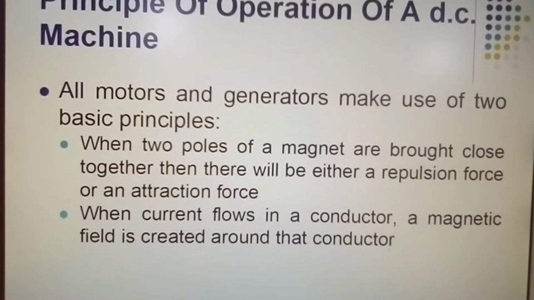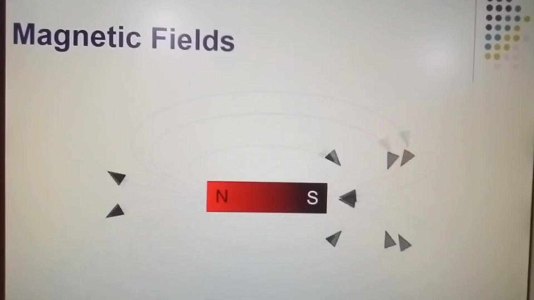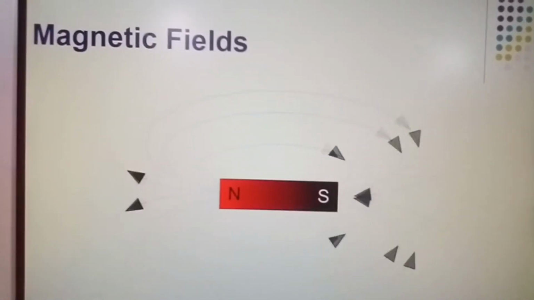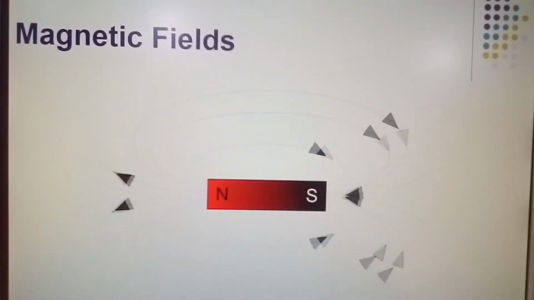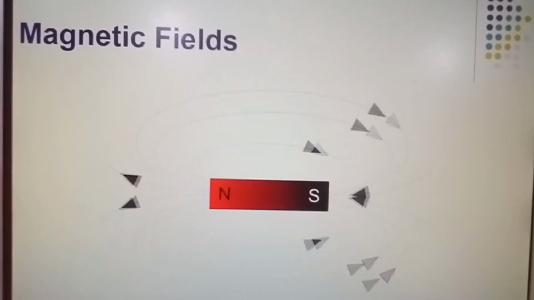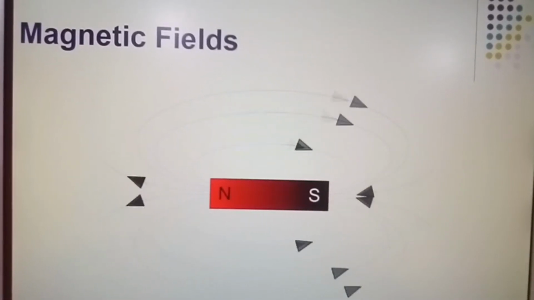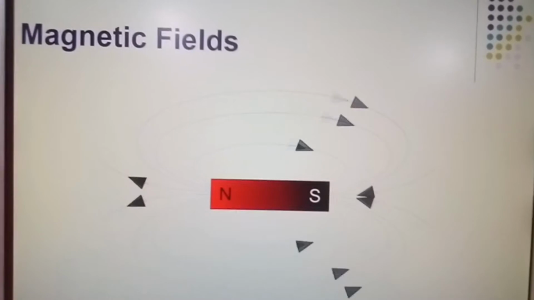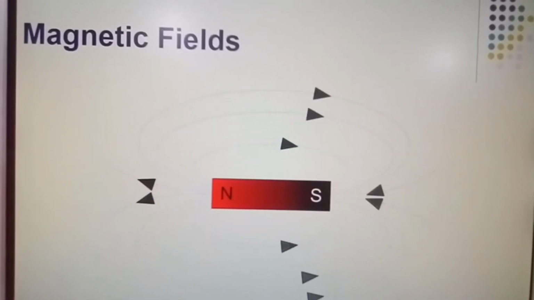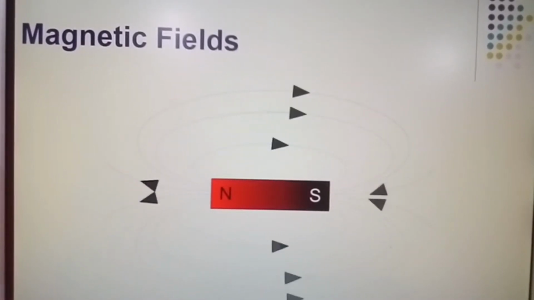And here we have our magnetic field. Now remember, the magnetic field flows from north to south, always from north to south. It does not deviate from that, and you can see that there.